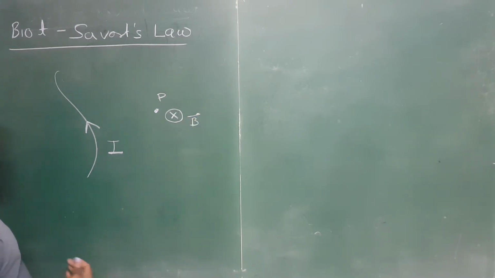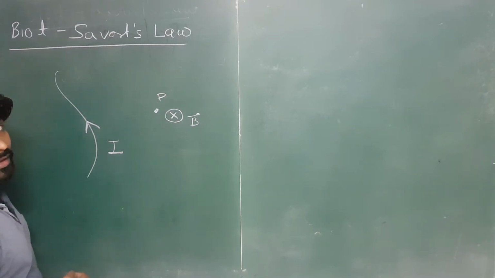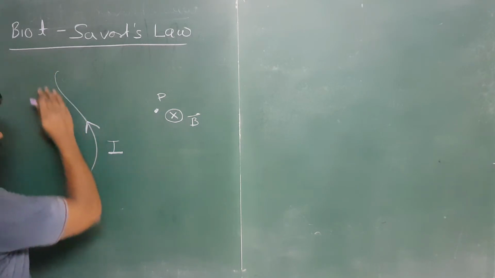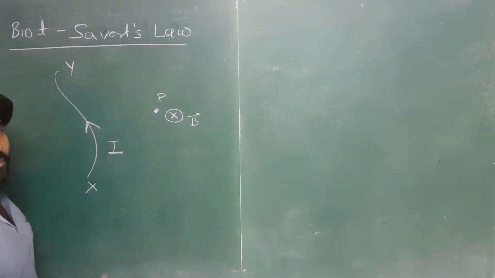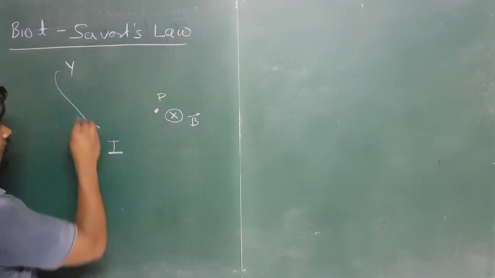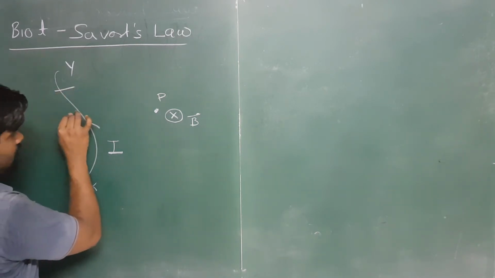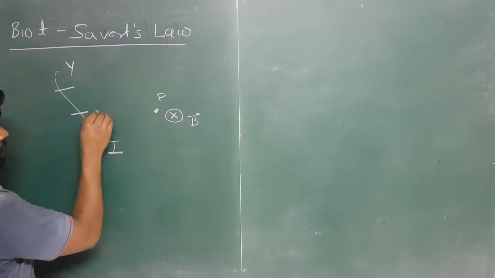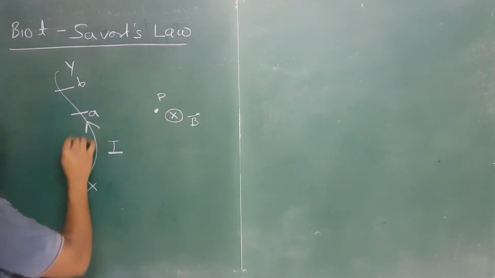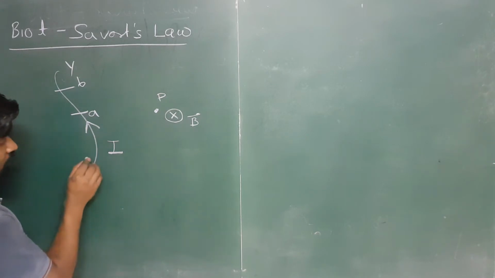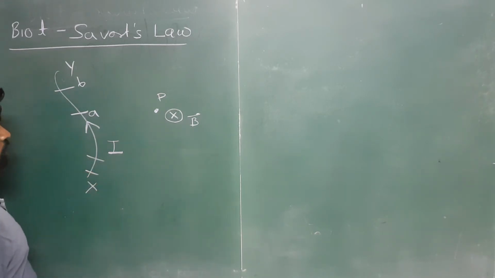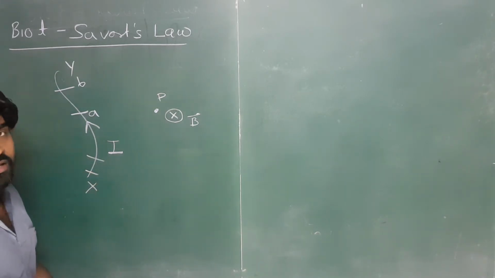We have to discuss how to find the magnetic field according to the Biot-Savart's law. We have taken the length of the wire from point X to point Y, which can be infinite. You can take a small element here. The current for each and every element is always the same, even if I divide the wire into many pieces.